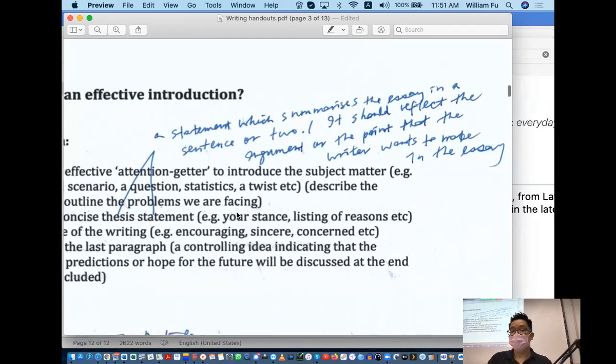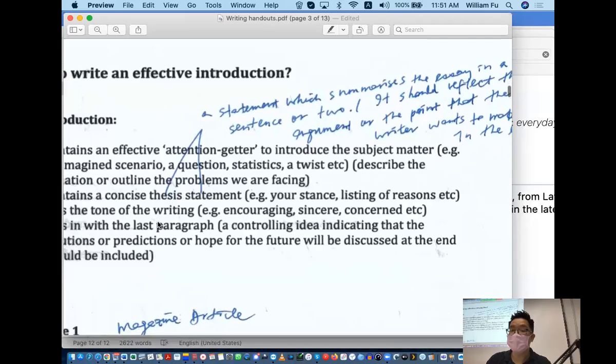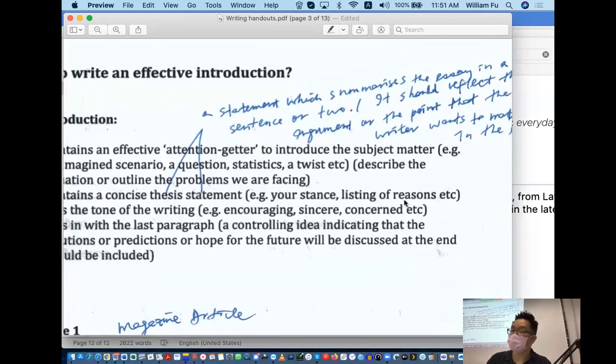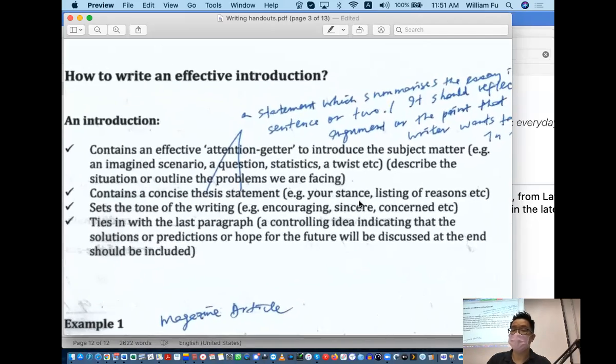So don't just include the twist and then forget what you wanted to say in the essay. The twist or the emergency scenario or the question should bring you to the main topic, and the thesis statement is the main topic. For example, your stance, the list of reasons, etc. Okay, this is number two.